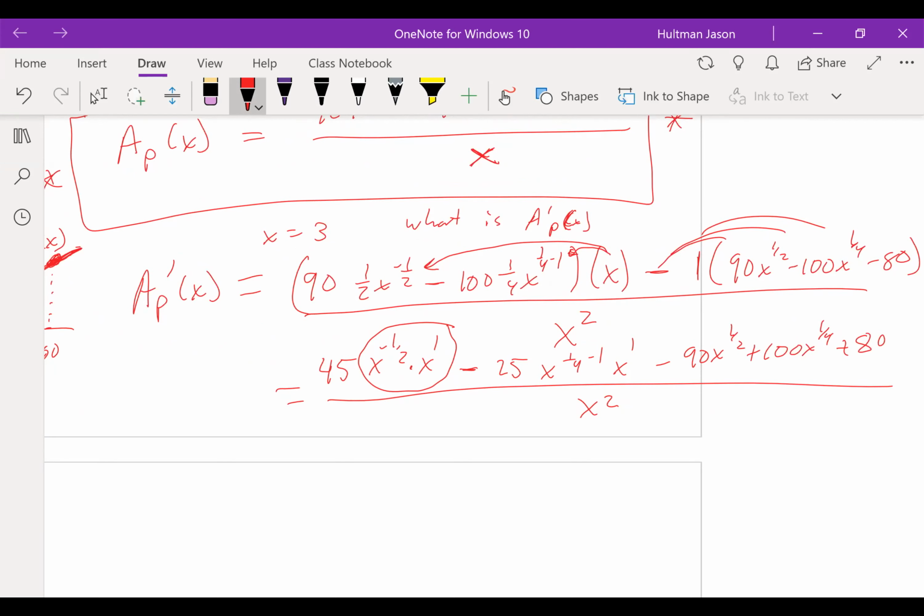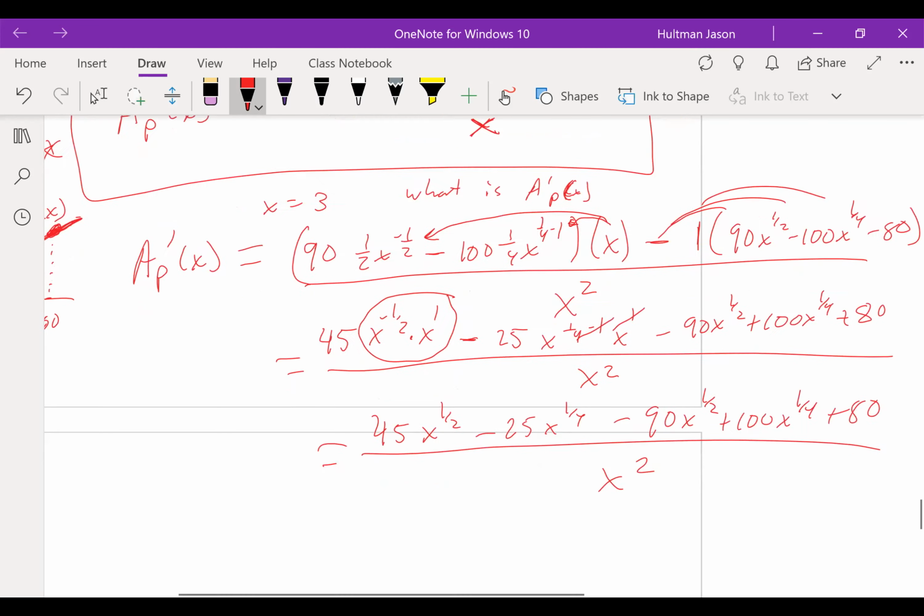That's positive 1/2. So this becomes 45x to the 1/2. And this positive one and this negative one get added and cancel each other out. So this is minus 25x to the 1/4 minus 90x to the 1/2 plus 100x to the 1/4 plus 80, all over x squared.